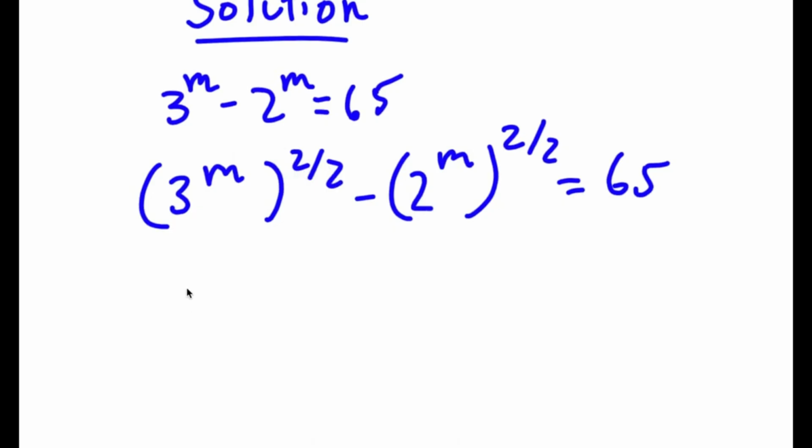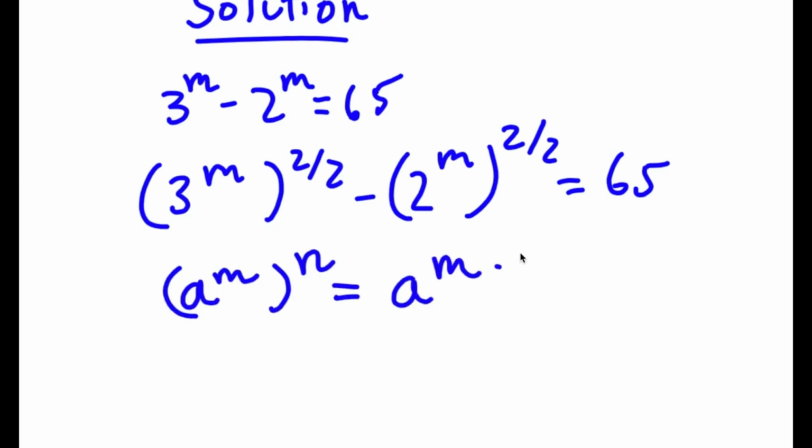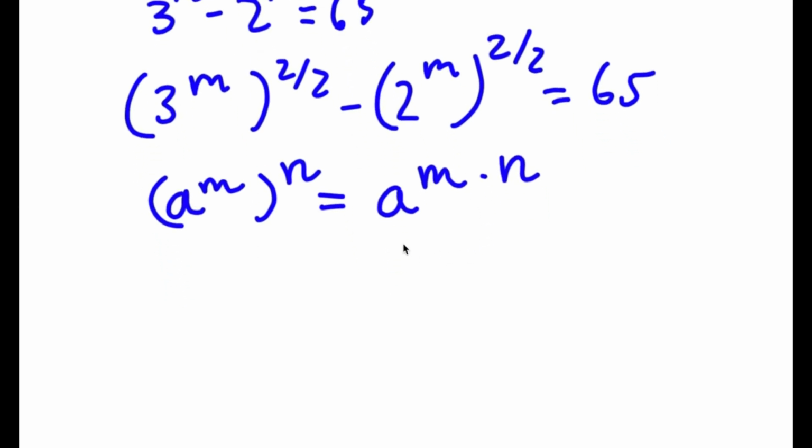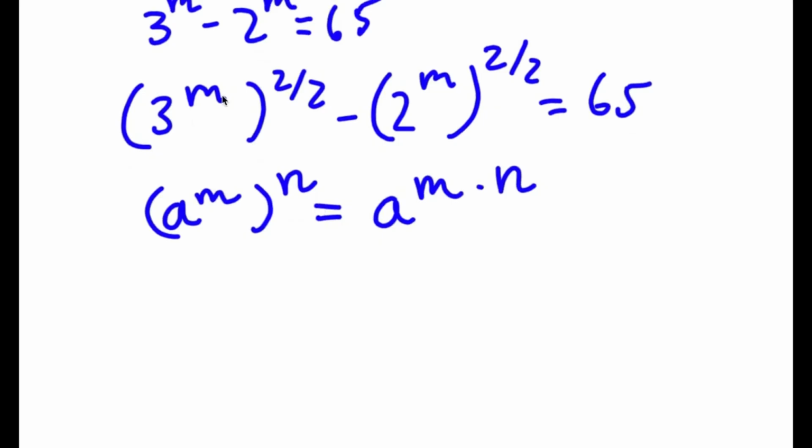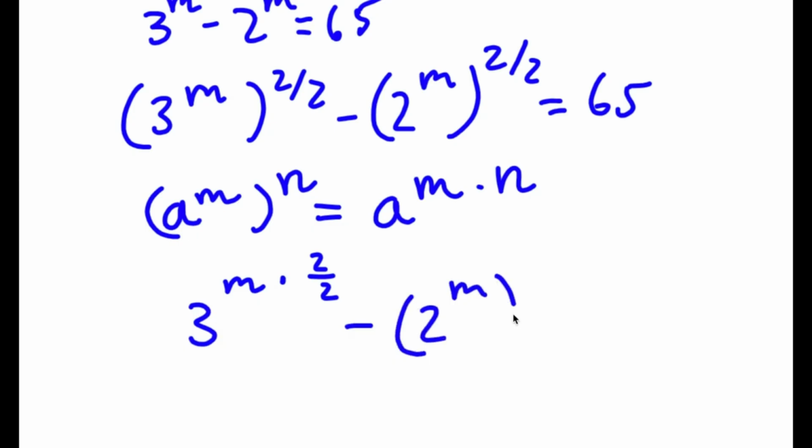So now, if I have something in the form a to the power of m to the power of n, this is equal to a to the power of m times n. So 3 to the power of m to the power of 2 over 2 would equal 3 to the power of m times 2 over 2, minus 2 to the power of m to the power of 2 over 2 is equal to 65.